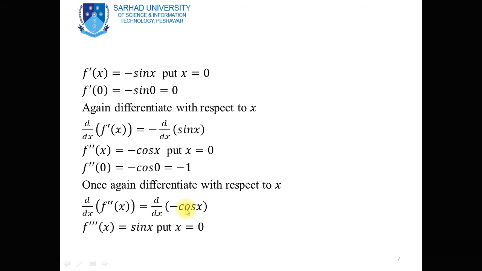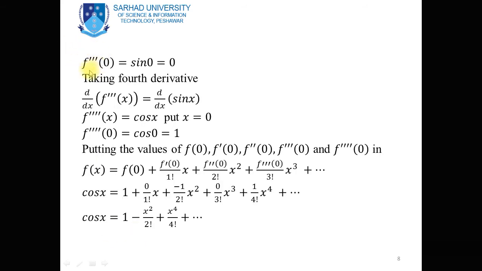Actually the derivative of cos is minus sin, so minus minus is plus, and the third order derivative of the function is sin x. Now putting x = 0, we obtain sin 0, and sin 0 is equal to 0.